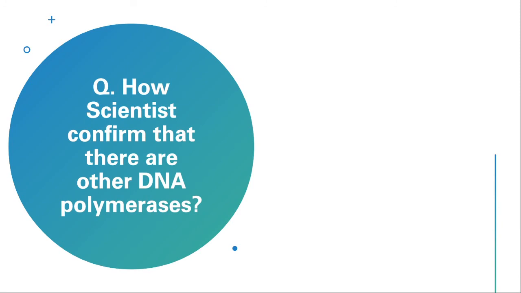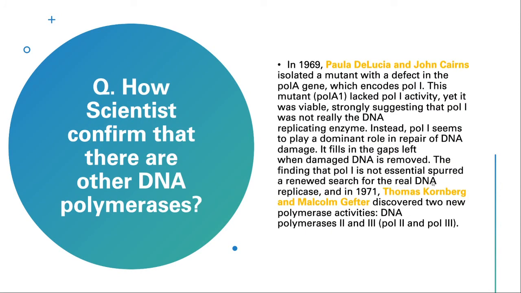So there comes another question: how did scientists confirm that there are other DNA polymerases besides DNA Pol I? In 1969, Paula DeLucia and John Cairns isolated a mutant with a defect in the polA gene, which encodes Pol I. If a mutant does not contain the polA gene, DNA Pol I is absent.